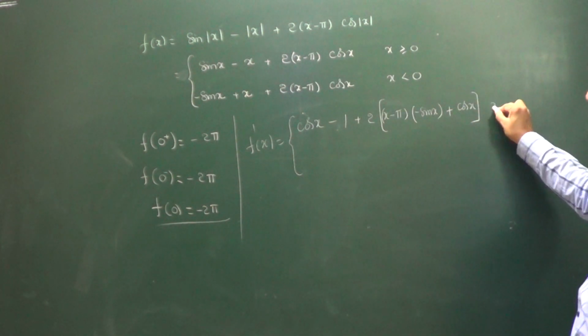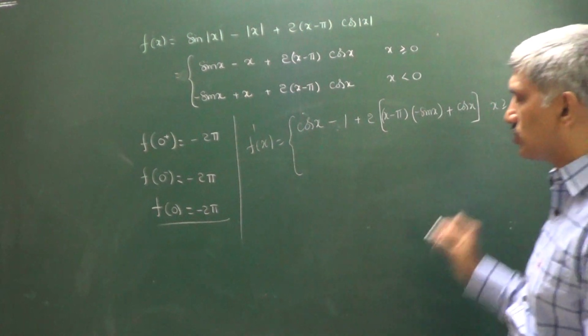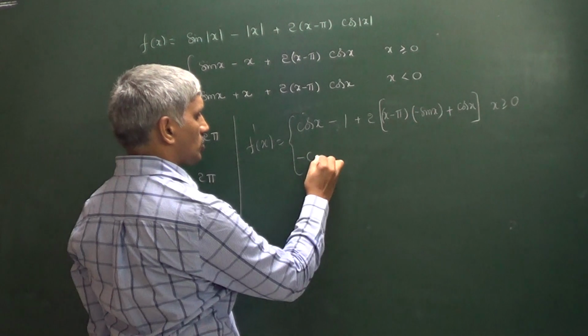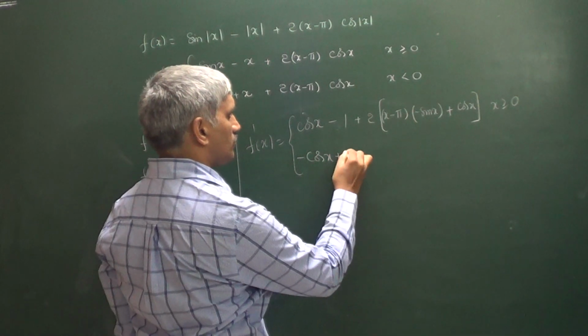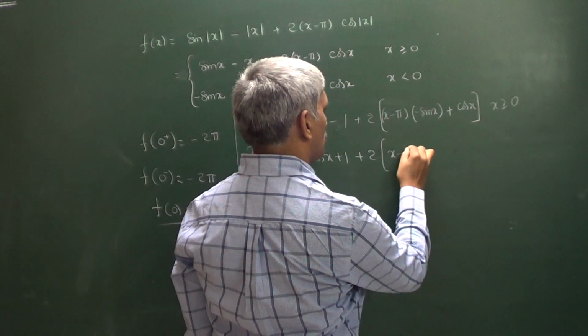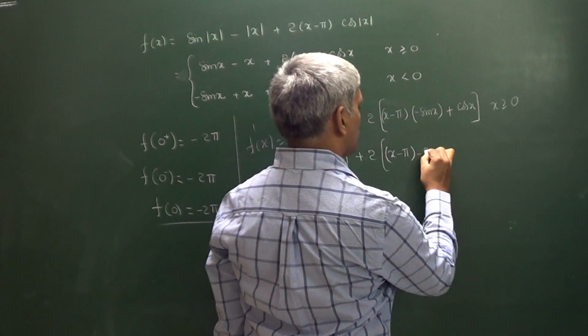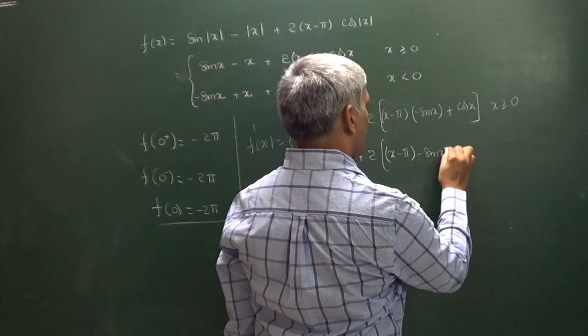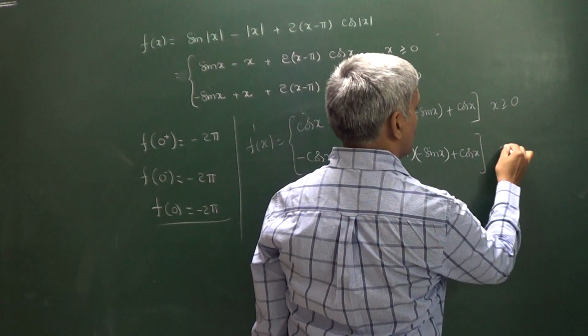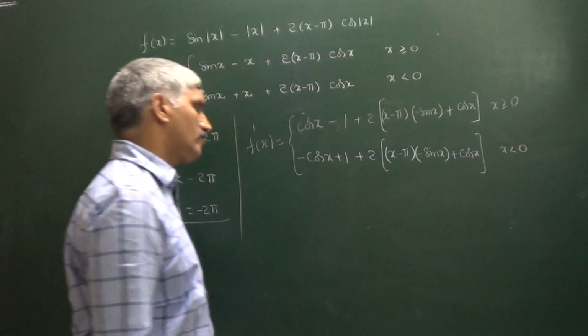That is the differentiation in case of x greater than or equal to 0. Now in the case of x less than 0, the differentiation is minus cos x plus 1 plus 2 into x minus pi into minus sin x plus cos x. Okay, that is f dash of x.